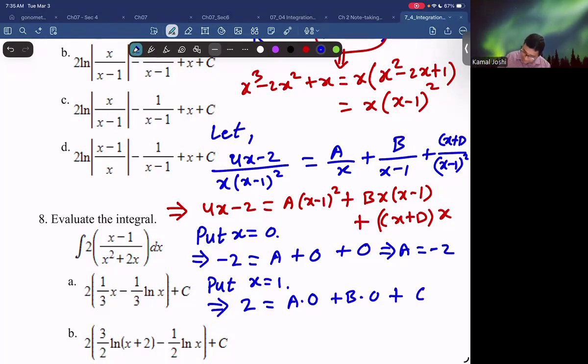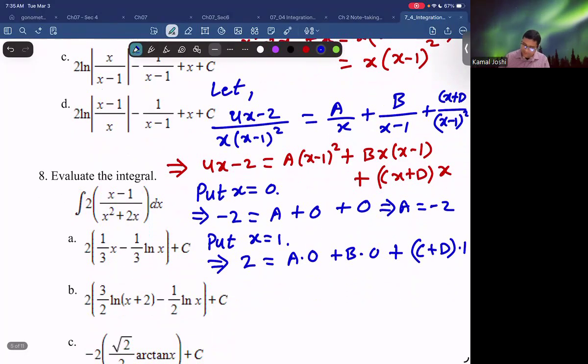And c plus d times 1. Okay, x equals 1, so c times 1, c plus d times 1. That gives you an equation c plus d equals 2. Now you are seeing it, no, it's not always that easy. Okay, so it doesn't give you a value of c or d directly, but it gives you an equation.